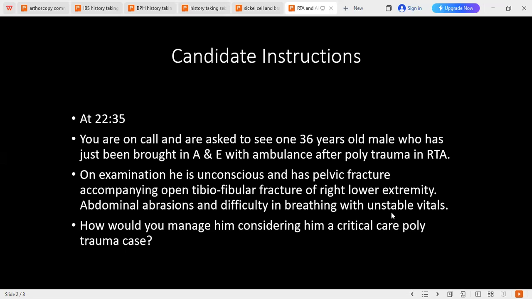Later, when the patient is stable, I will look for other areas of trauma. In this patient it's written that there is a tibiofibular fracture, so I will try to manage that also.